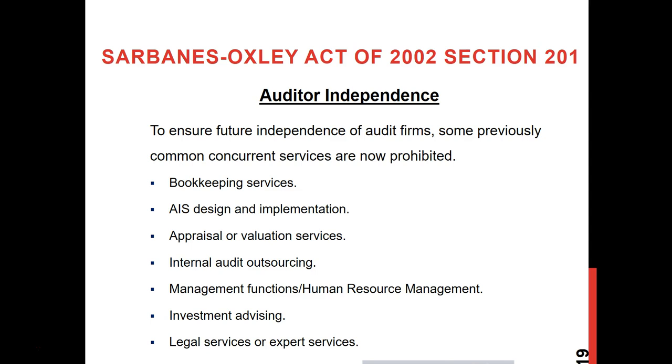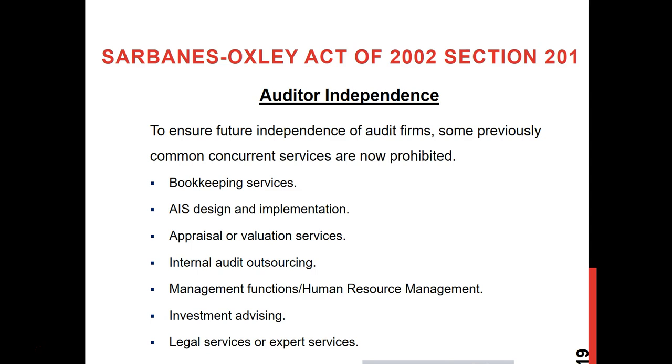The PCAOB ensures the auditor's independence, and every audit firm must identify their audit clients, and provide the PCAOB a list of all accountants who will be doing their audit reports, and the annual fees they receive from each of their clients.